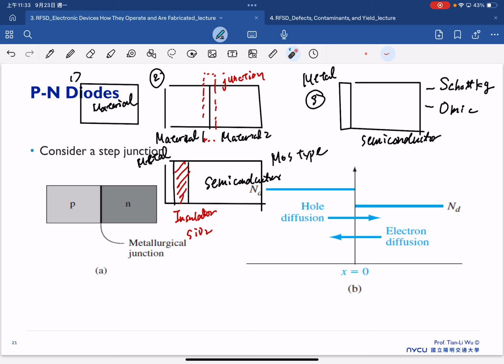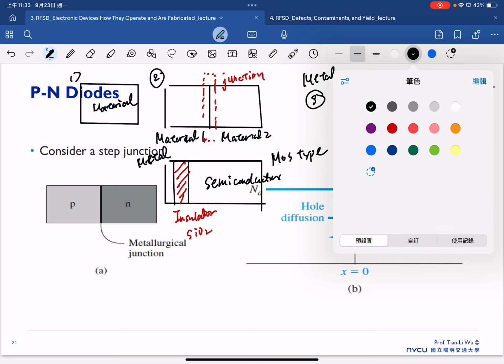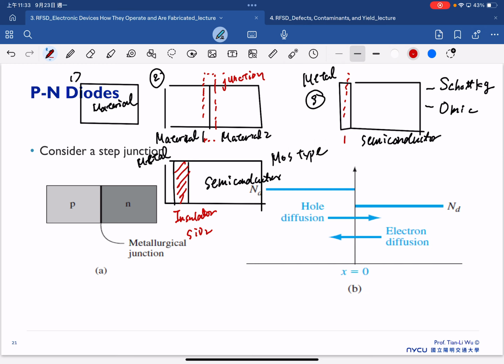Therefore, we will also be interested in this structure, and also the junction characteristic in between. And the last one is we put all of the materials we know, metal, conductor, insulator, and semiconductor, together to understand how the carriers move, how the carriers transport in this type of device. So this is the MOS type.